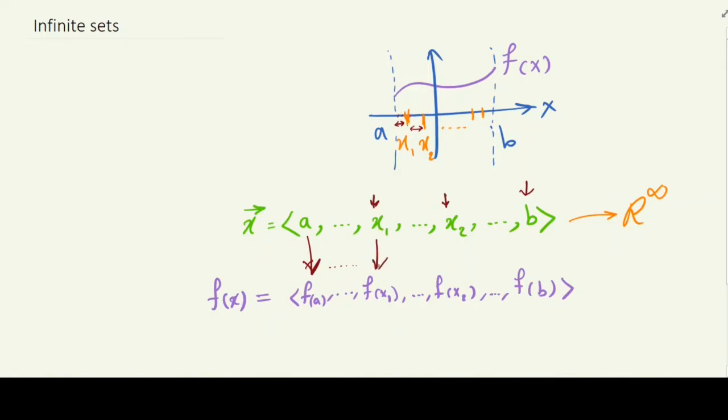So the value of the function acting on x1 is going to be f of x1. Similarly, you will get f of x2, and at the end f of b, right? So f is also a vector in the infinite dimensional space. The key point here is that the continuity of the interval a to b allows us to represent this function as a vector in the infinite dimensional space.